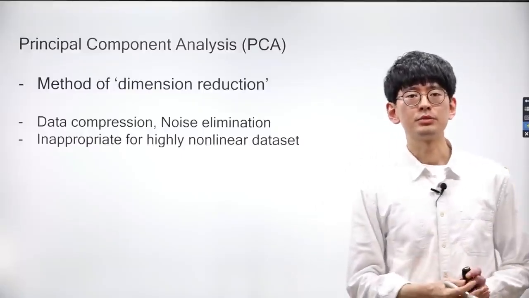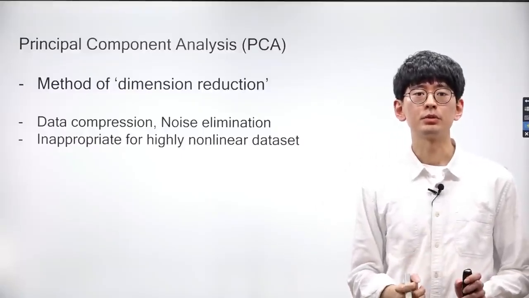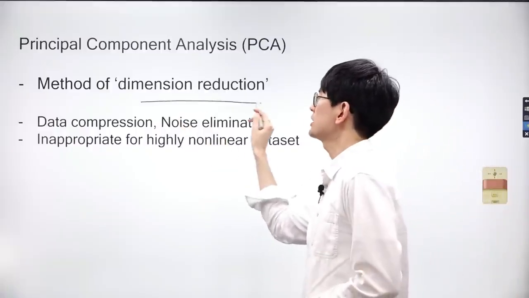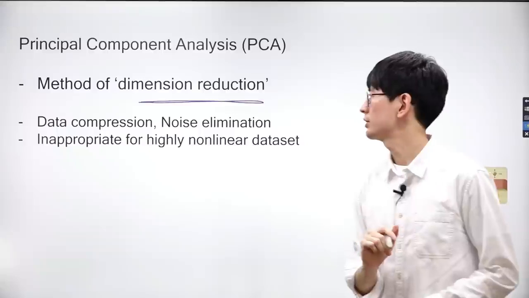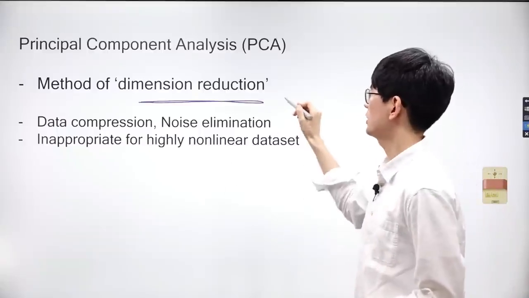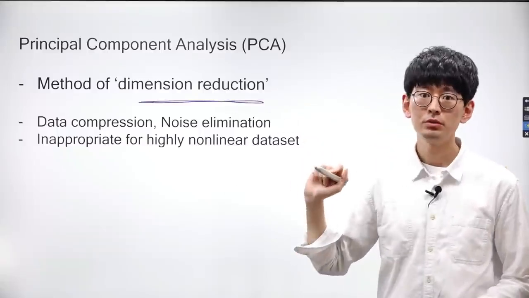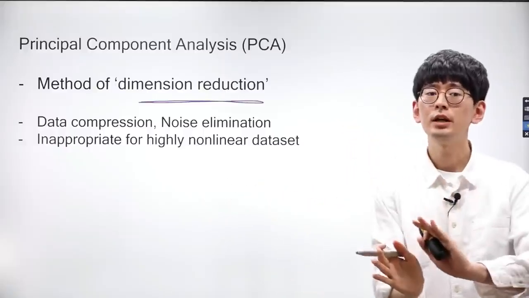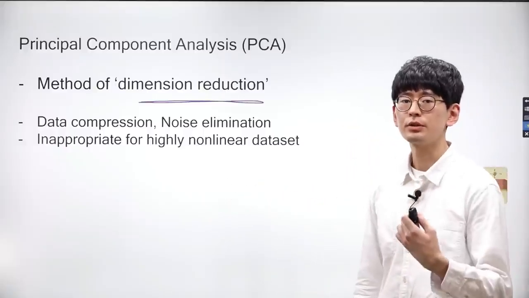Let's explore how linear algebra can be applied to principal components analysis. PCA is frequently used in data analysis and artificial intelligence, and it's one of the methods of dimension reduction. First of all, let me explain why we need dimension reduction in artificial intelligence.